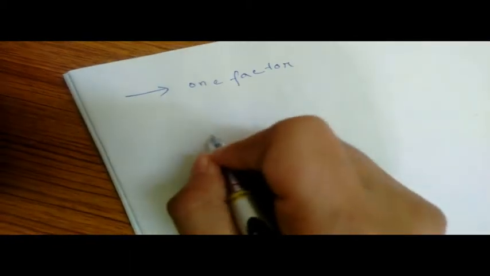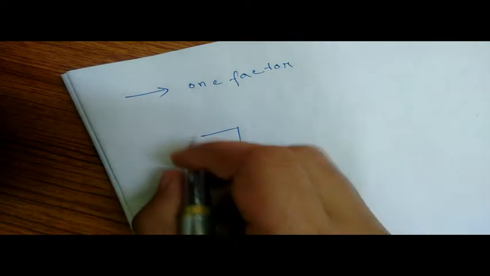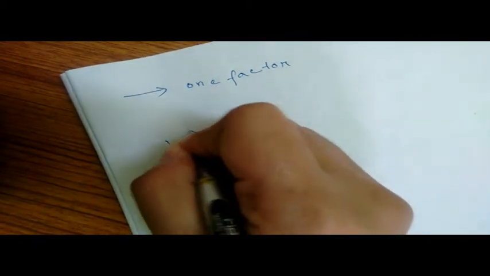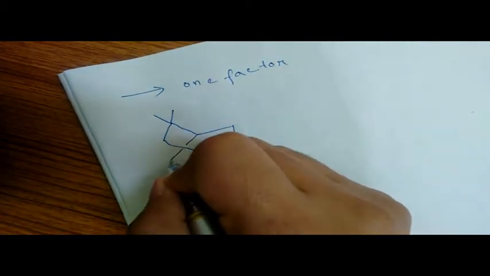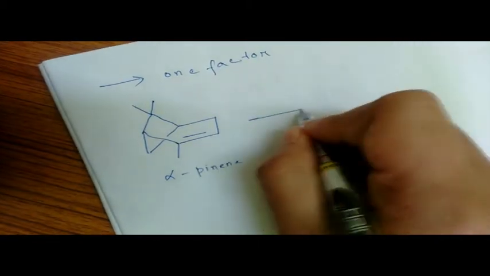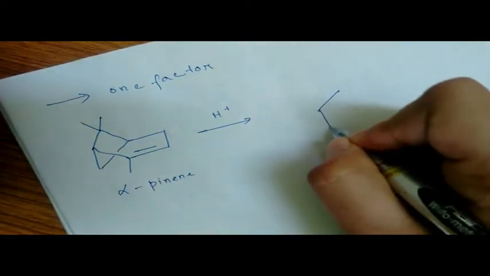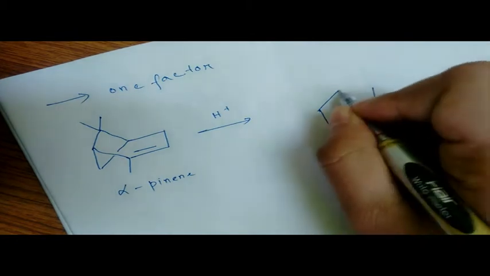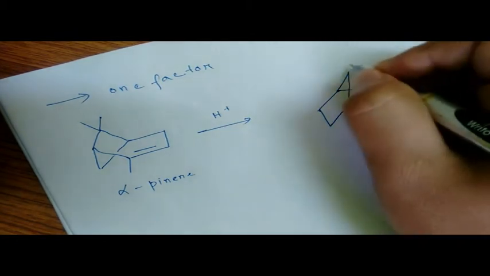Let's look at another example. We have this molecule. Its name is alpha pinene, and when we add an H plus source, it gives us a product which is this one.